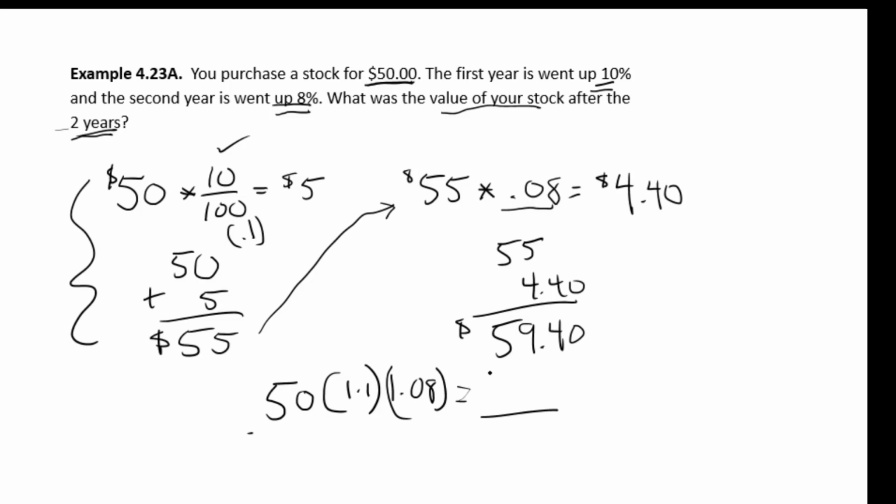And miraculously, yes, you should have gotten $59.40. Now, what are these, and how did I do that? And how does this apply to problems that are even more complicated, but become very simple to calculate and solve?